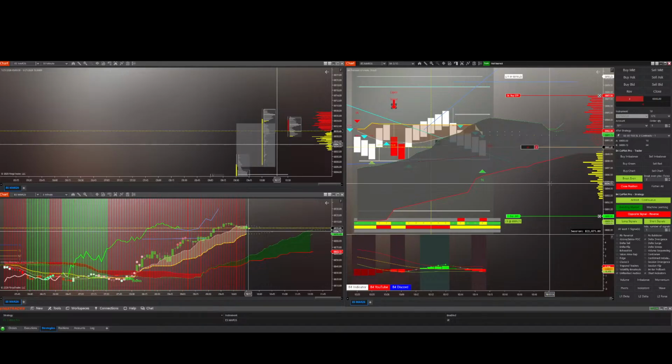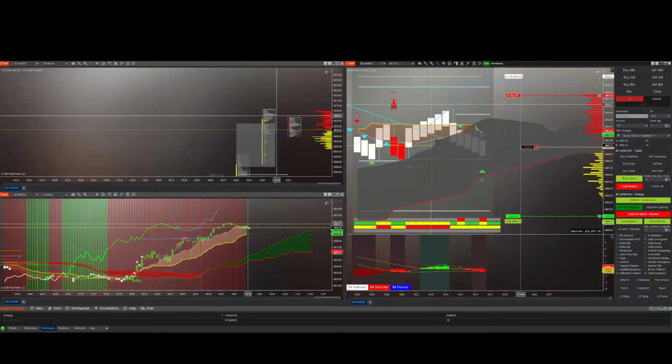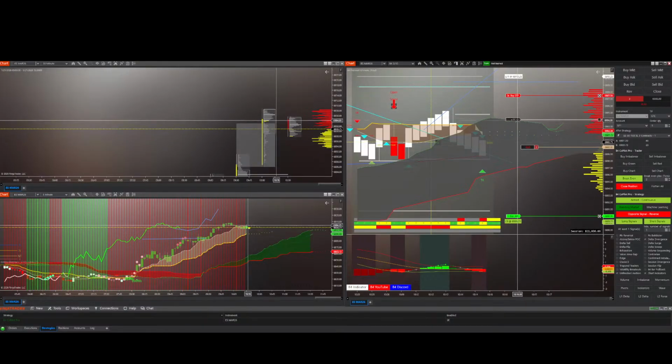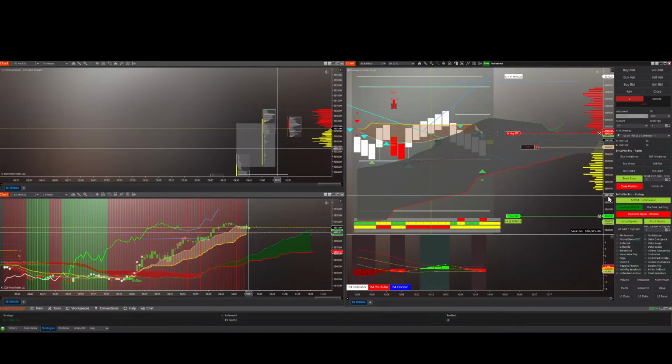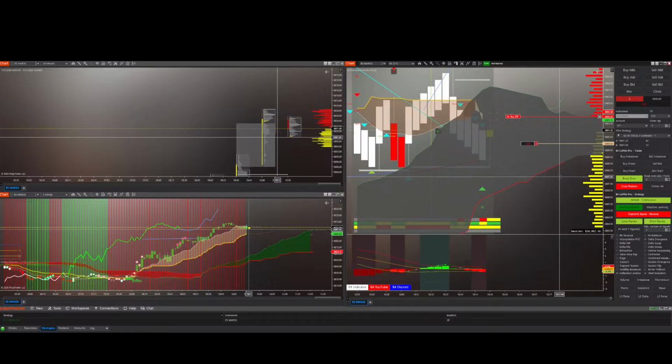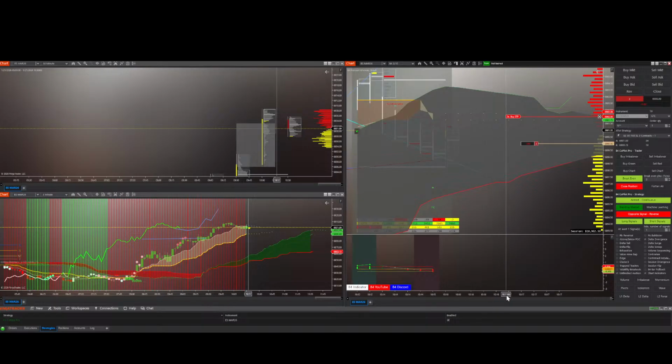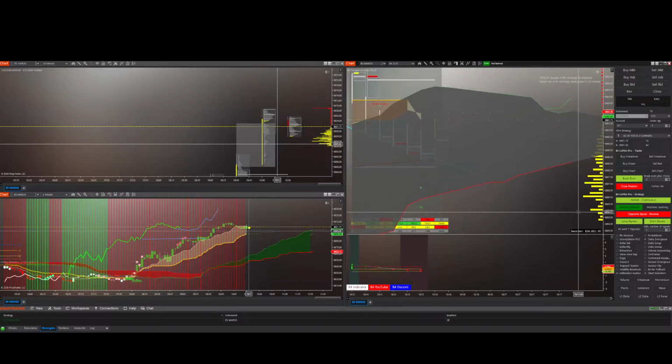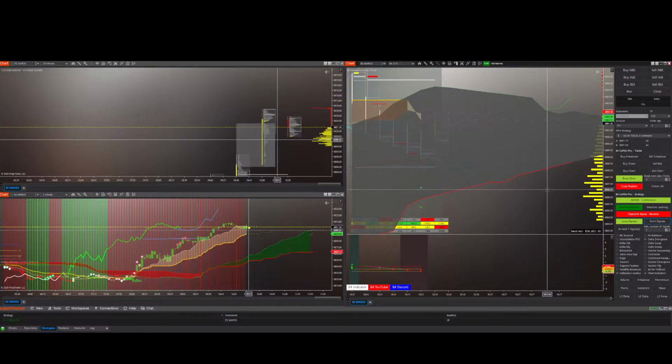I'm not necessarily a big fan of this short position right here. For that reason, I'm going to limit my exposure on it. Stop filled. In fact, I'm going to turn off shorts right now.